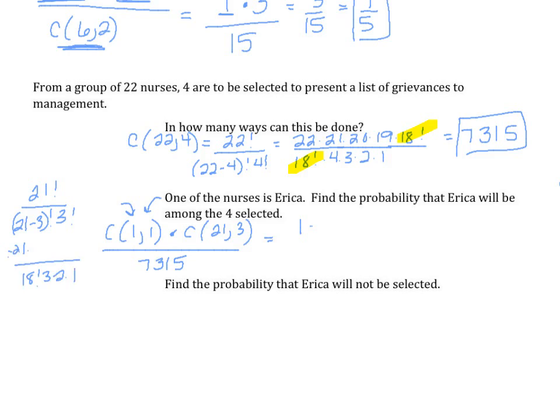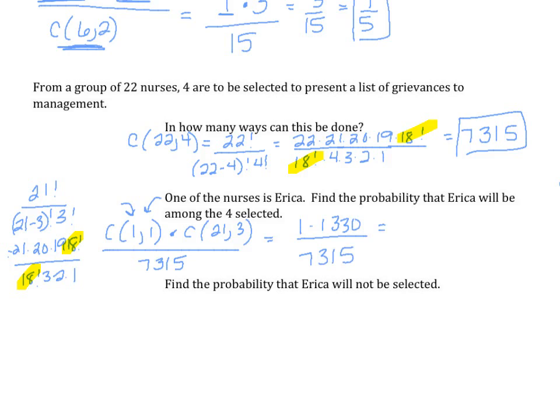So 21 times 20 times 19 times 18 factorial, so that these cancel. So I'm left with taking 21 times 20 times 19 and dividing that by 6, which gives me 1,330 all over 7,315, our total number of options.